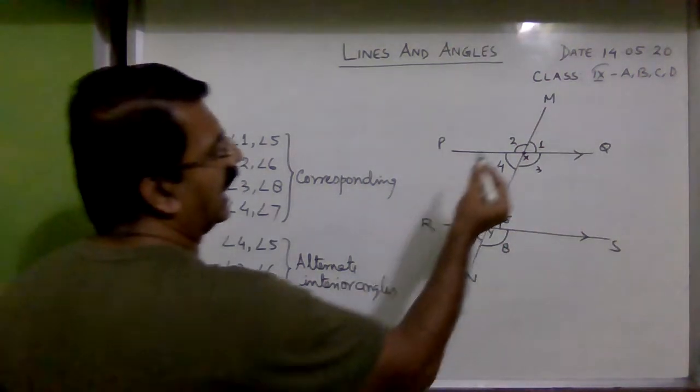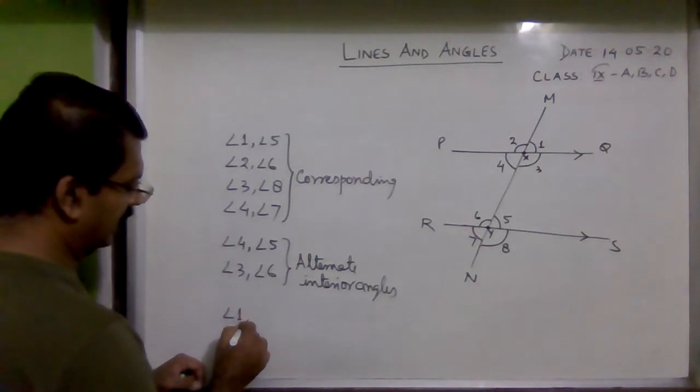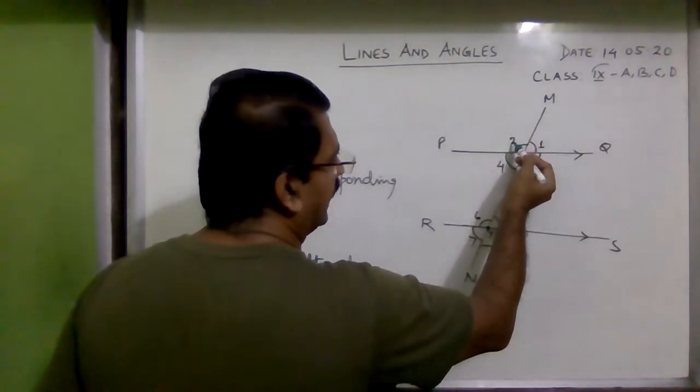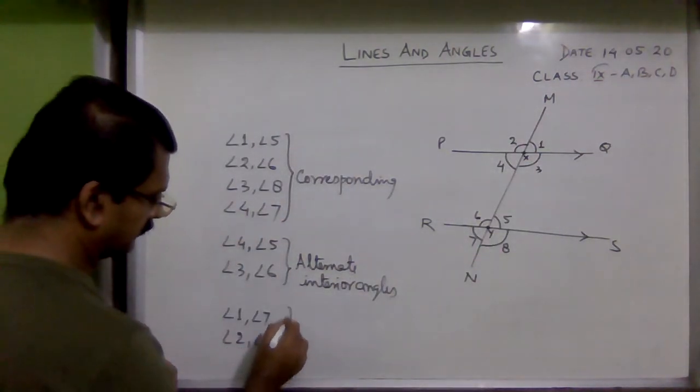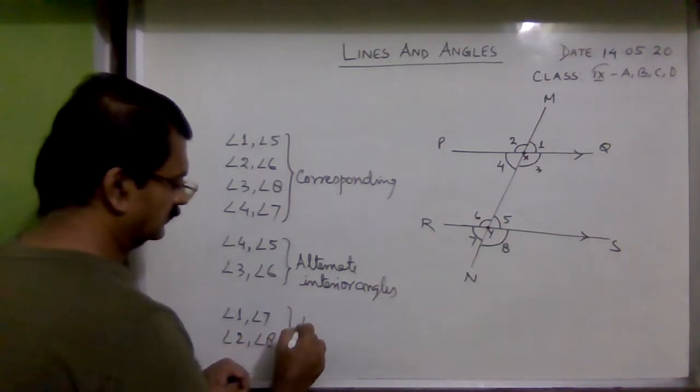And now angle 1 and angle 7, and angle 2 and angle 8, are called alternate exterior angles.